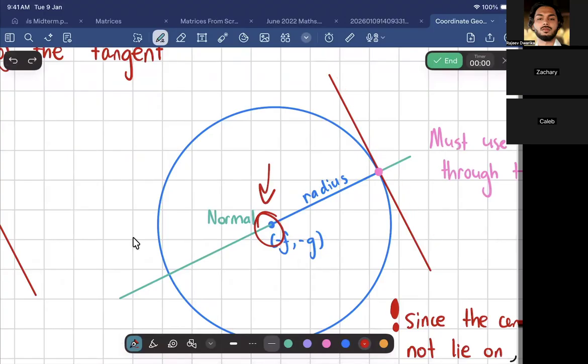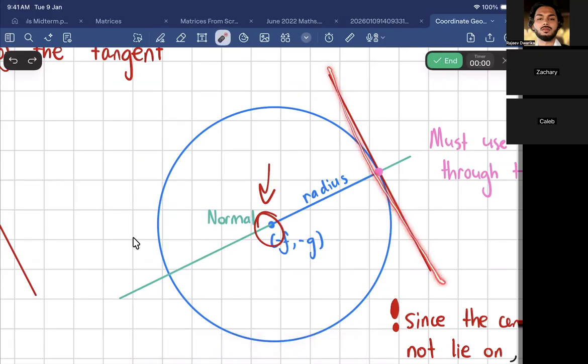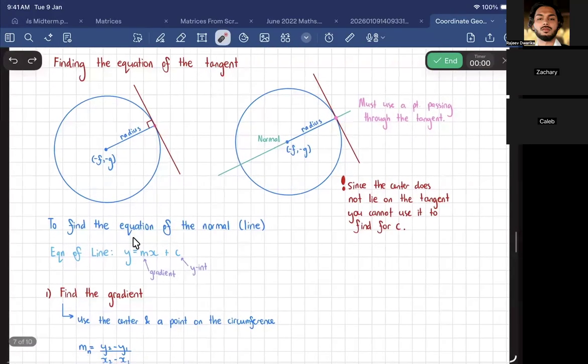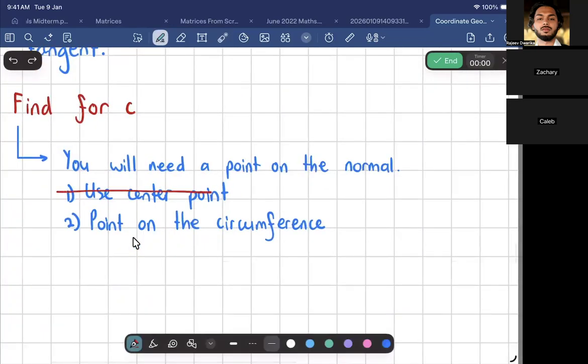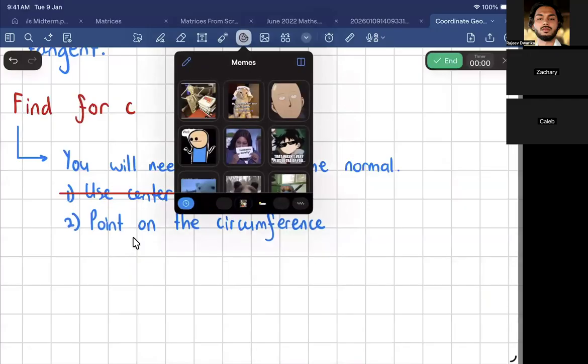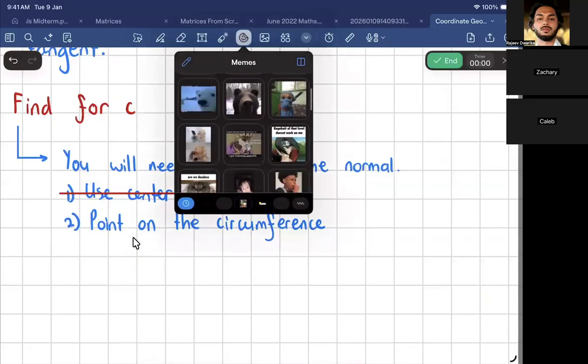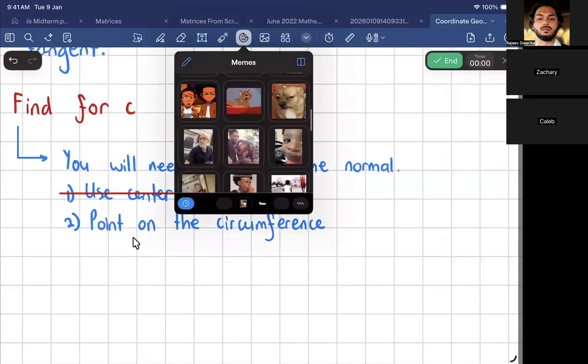No. So you can't use it to find for c because it's not part of the equation of the tangent. So cross this off. Do this in the exam.